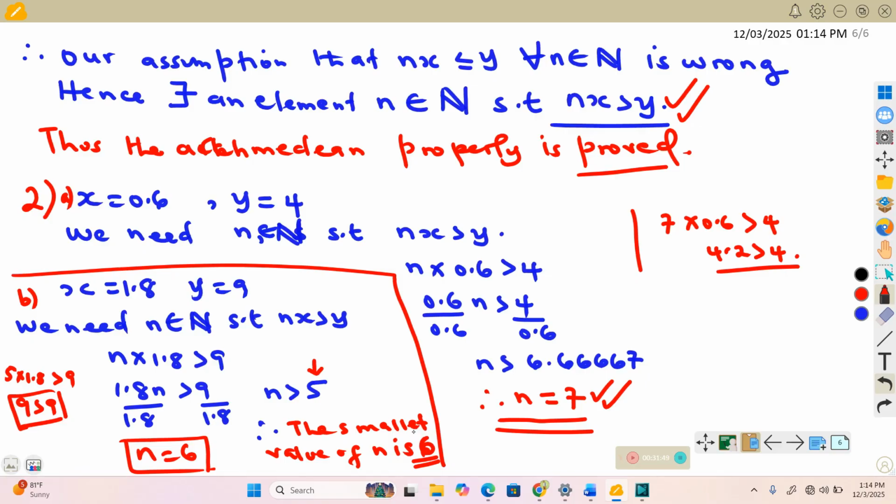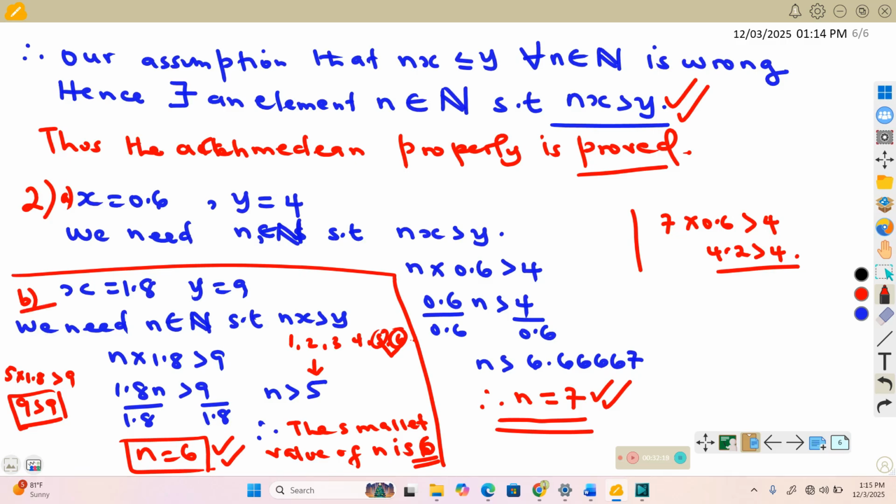The smallest natural number greater than 5 is 6, because counting 1, 2, 3, 4, 5, 6, the number after 5 is 6. So that is how we get that, and that is 2 part A.